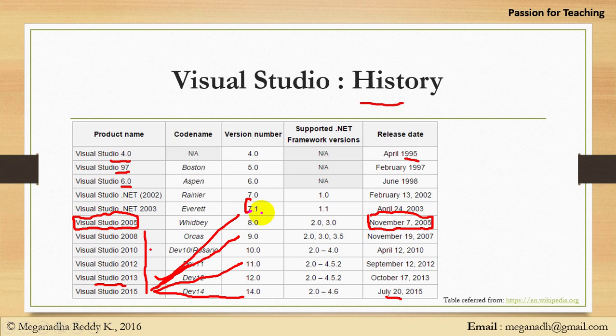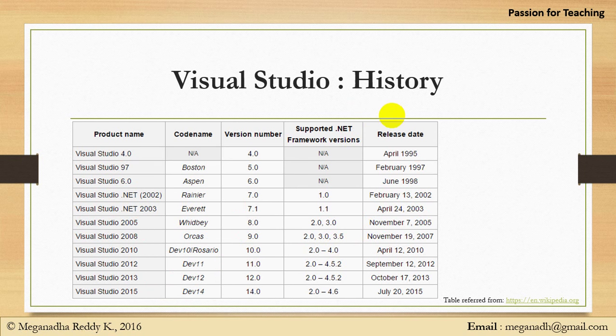Community Edition is a limited version which has a lot of features and is sufficient for learning C#, ASP.NET and other programming languages. So this is a quick history about Visual Studio, and let's see the Visual Studio logo history.